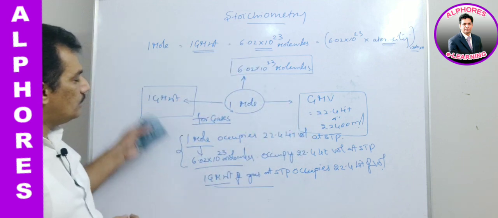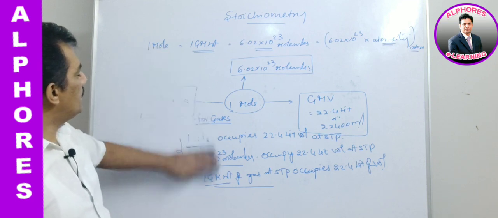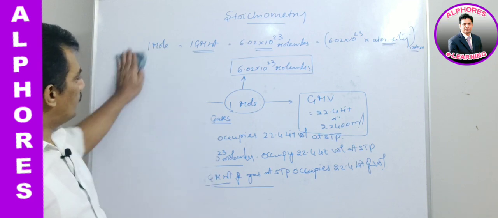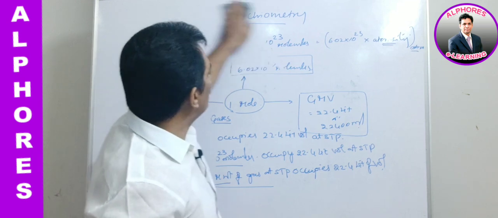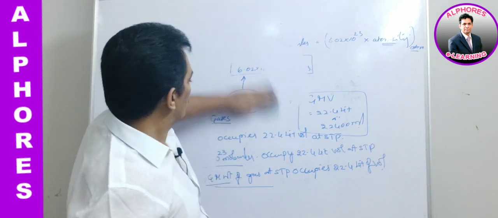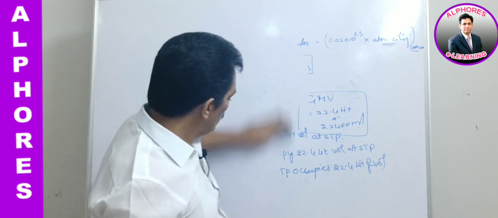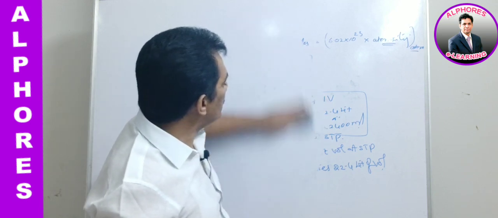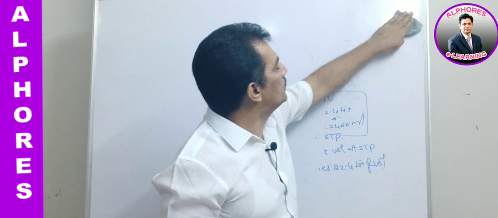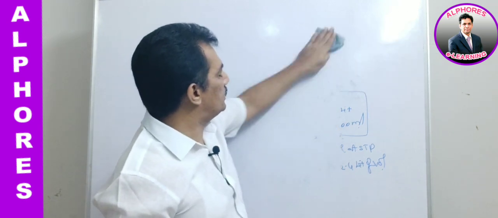And now, how is it useful in finding the molecular weight, the number of molecules or the number of moles? For all these purposes, let us consider few numericals to illustrate the concept.